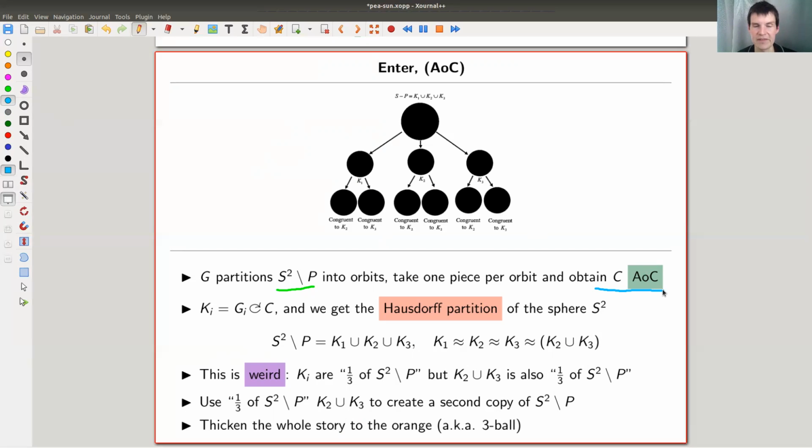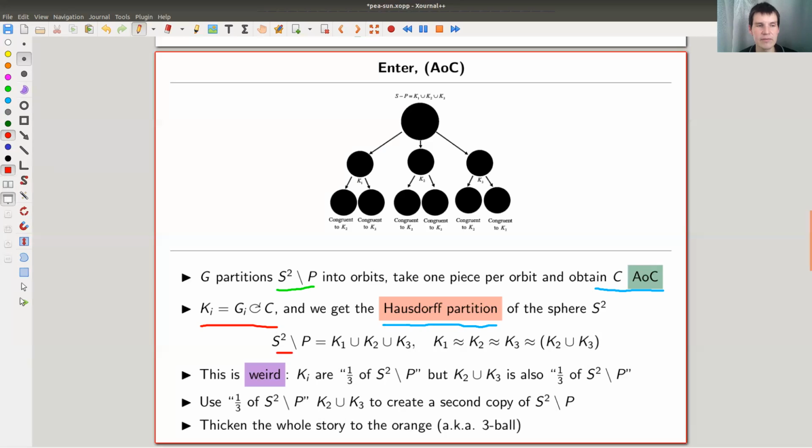So let's go to the rest, where the paradox kicks in for the first time, given by the Hausdorff partition. So what is the Hausdorff partition? Well, you can now create sets K1, K2, and K3 out of C and the corresponding G1, G2, G3 from the other slide. Remember, those were completely explicit.